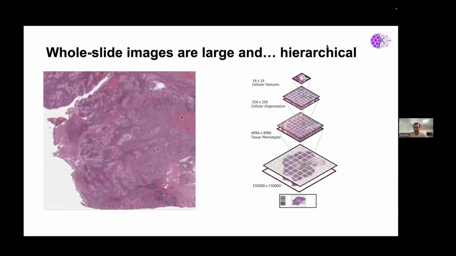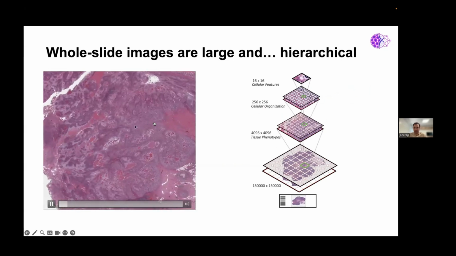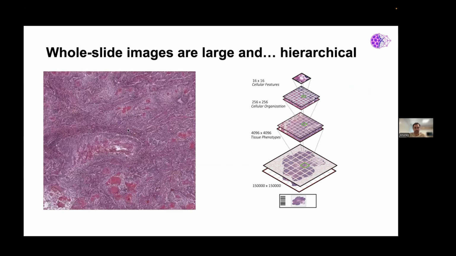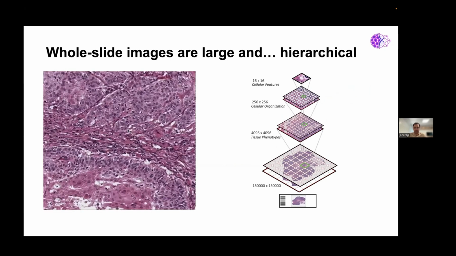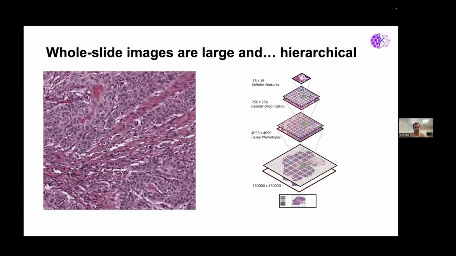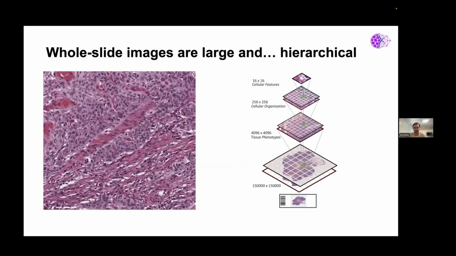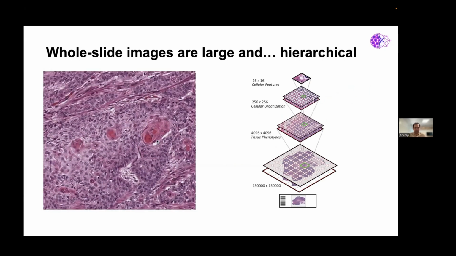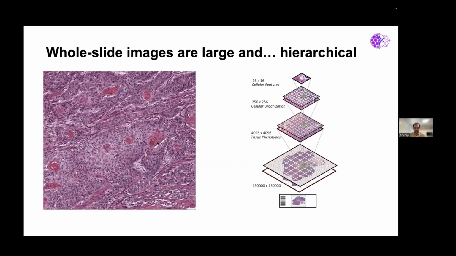So what are whole slide images? Here I have a beautiful video of a whole slide image and we're scanning into it. And we see that we go from tissue phenotypes to more cellular organization to more cellular features. And all of this is to say that whole slide images are very large and they're very hierarchical in nature. They have important features at all different magnifications.